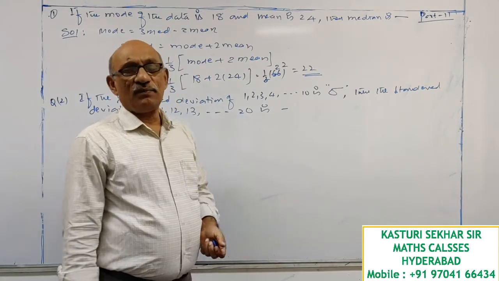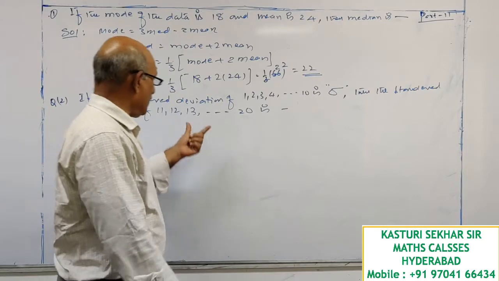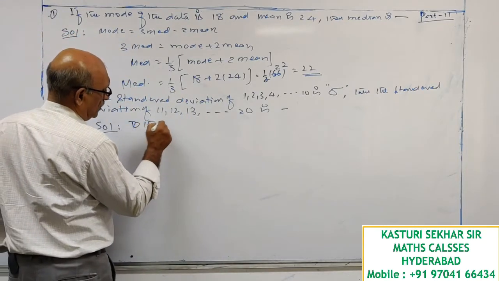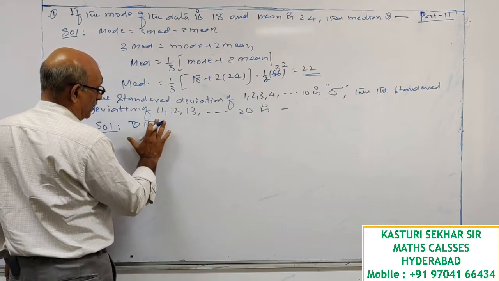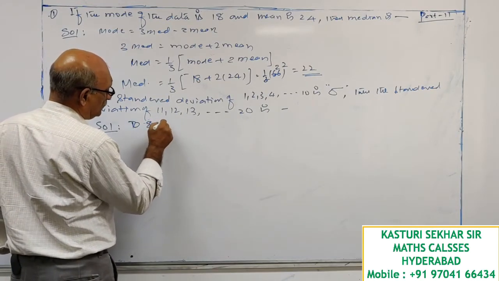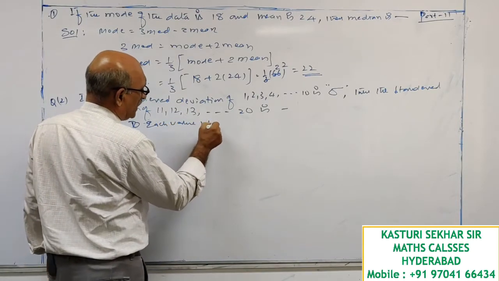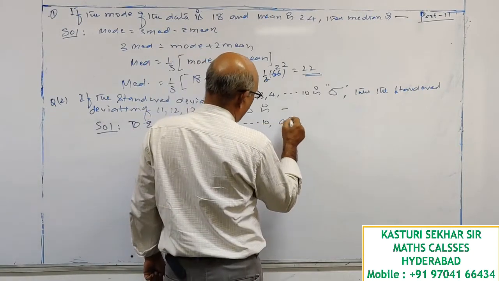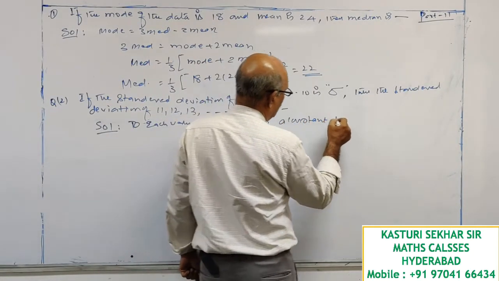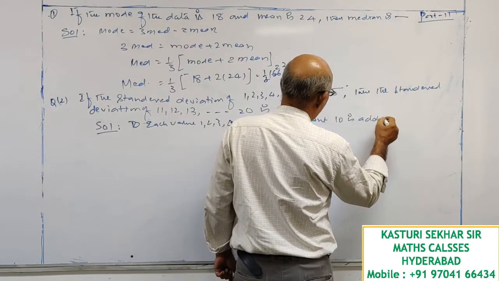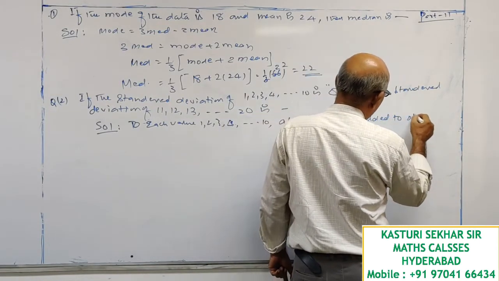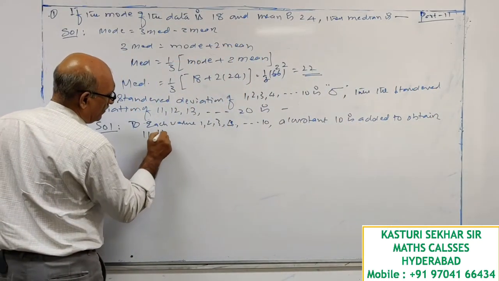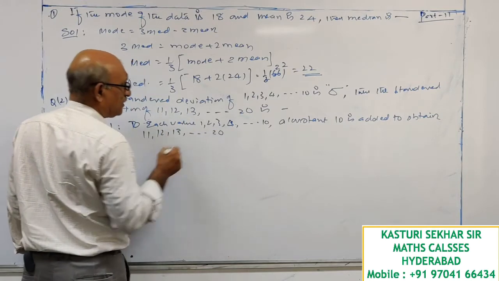To the given set of observations, when a constant 10 is added to each value, a second series is obtained: 11, 12, 13, etc.